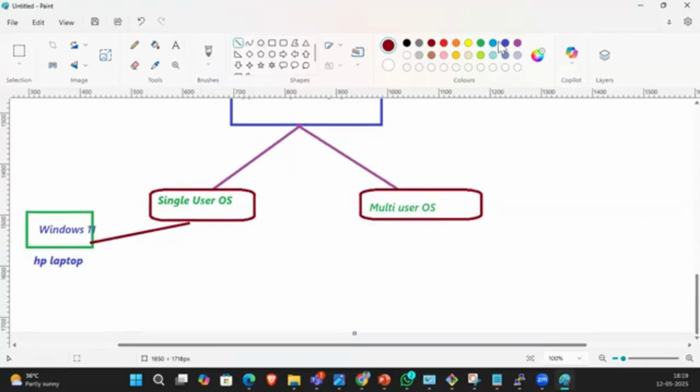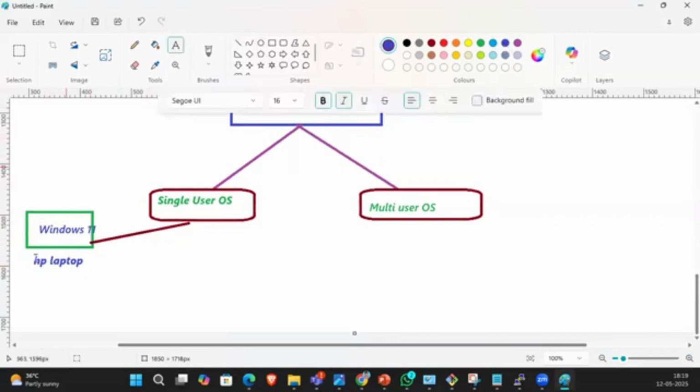So what are the hardware companies that developed for single user purposes? Dell Latitude, HP, Lenovo, Asus, Compaq.